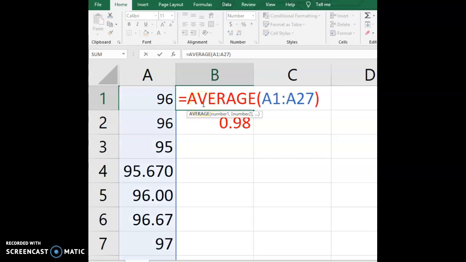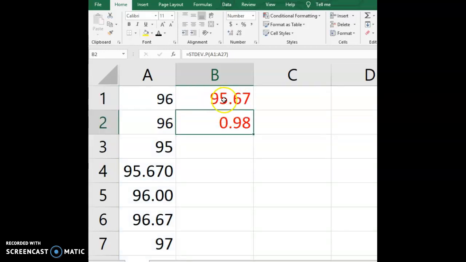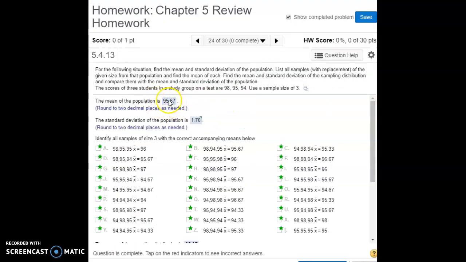And if you want to find the mean of all those different sample means, you take the average of them. And notice that this value is exactly the same as the mean from our population. And that's always going to be the case for the sampling distribution. It's going to have the same exact mean as the population mean.